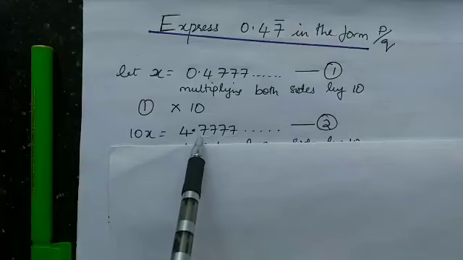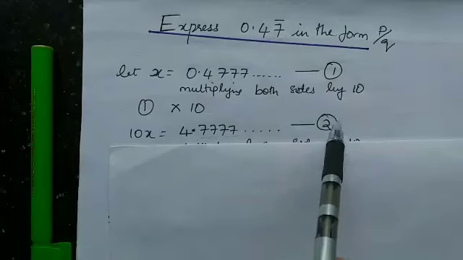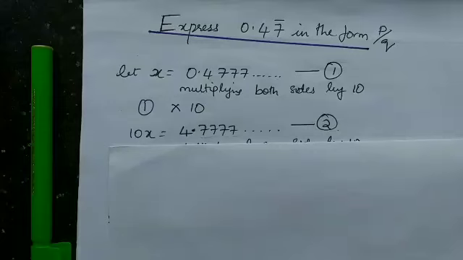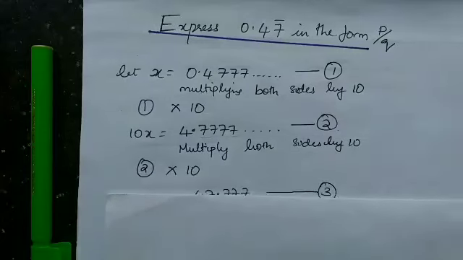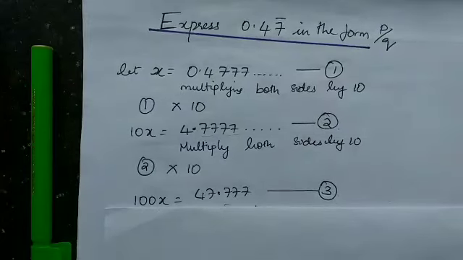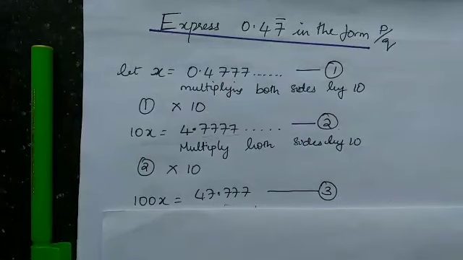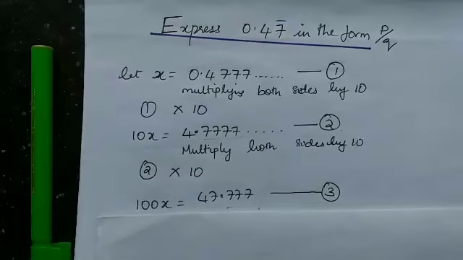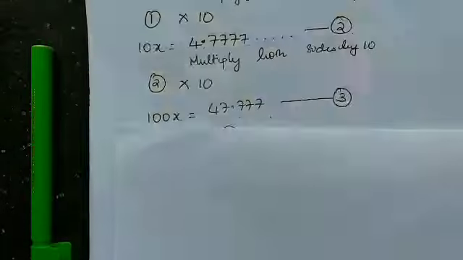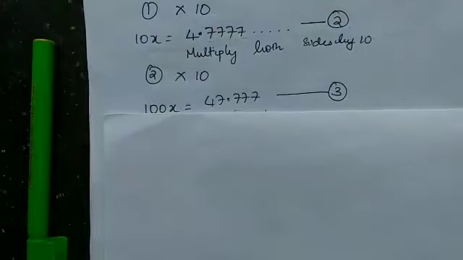So you're going to multiply equation 2 by 10. After multiplying equation 2 by 10, you get 100x is equal to 47.7777. Okay, so you got equation 3 here. Equation 3 is 47.777.